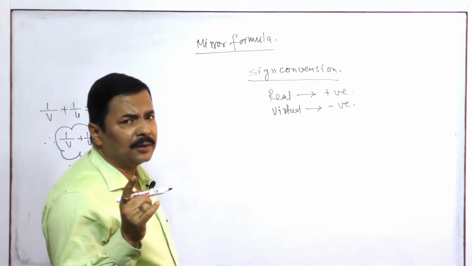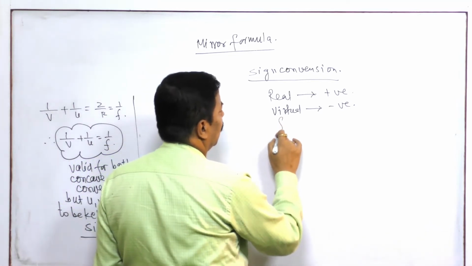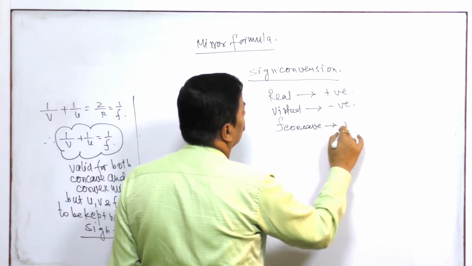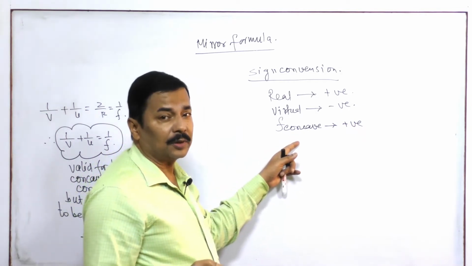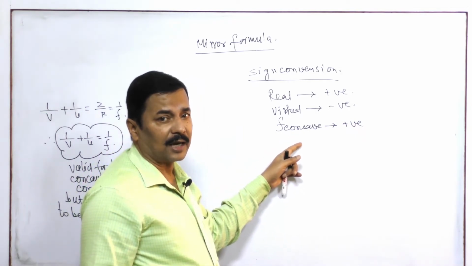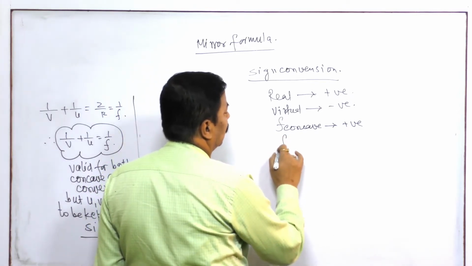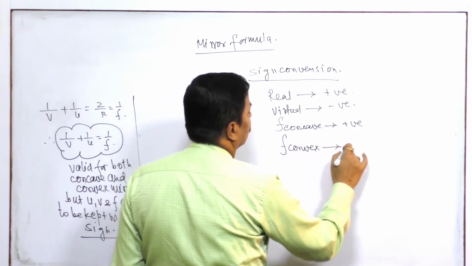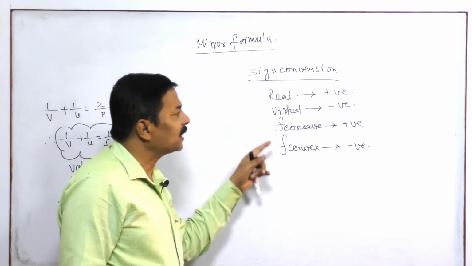So the focal length of a concave mirror we have to consider positive, and in the Cartesian sign convention this is negative, so don't get confused. In the Cartesian sign convention this is treated as negative. And the focal length of a convex mirror is treated as negative because it is virtual. So this is the sign convention.